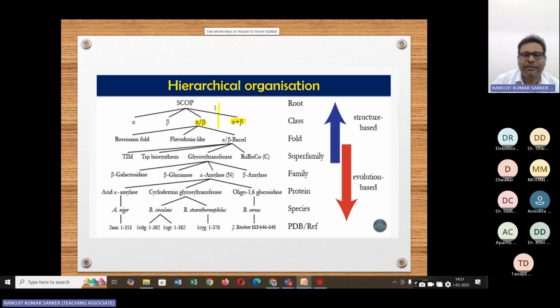So let us revise once again these four structural classes. These are very, very important, and this eventually influences their functional determination. In one class of protein, all the proteins will have only a single type of secondary structural unit, that is helix type, alpha helix.